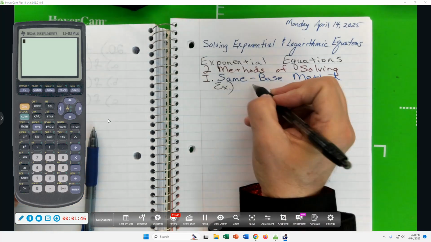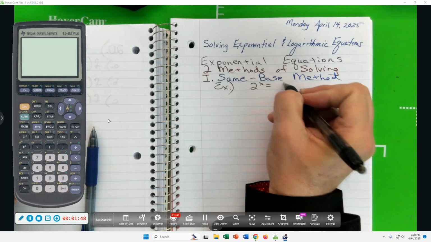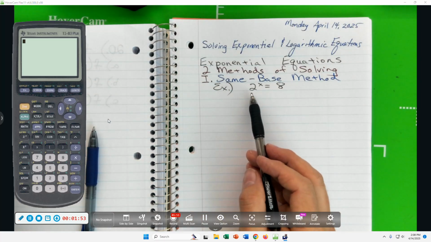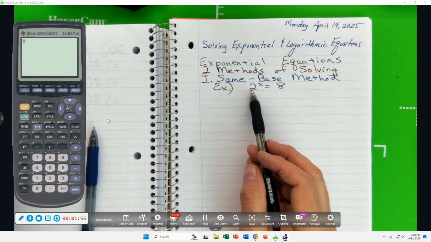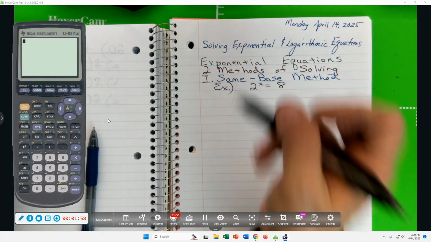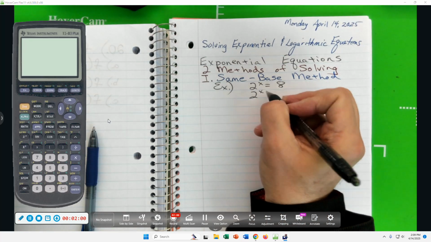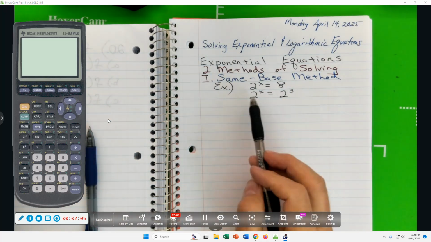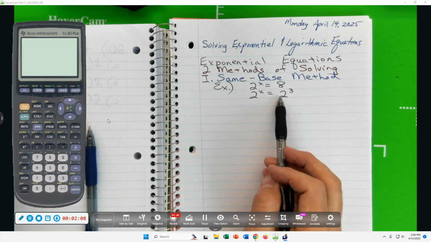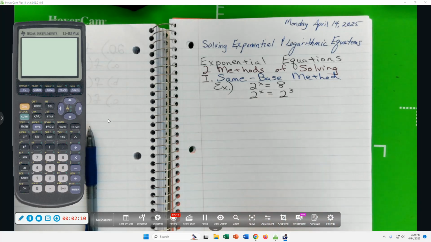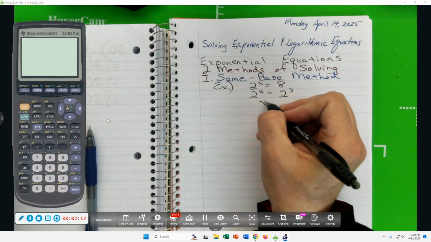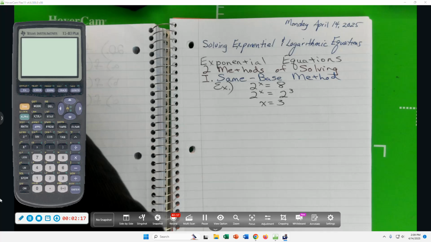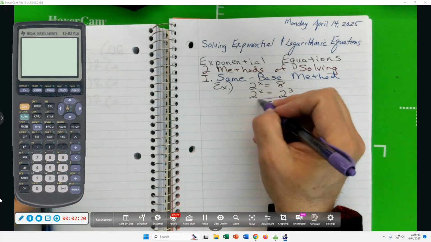Something like 2 to the x is equal to 8. 2 is a prime number, so we're not going to write 2 as a power of anything other than 2, but we can change the 8 to a power of 2 as 2 cubed. You would get the same base on both sides, and once you have the same base on both sides, you drop the base and set the powers equal to give x equals 3. Do y'all remember that? Okay.